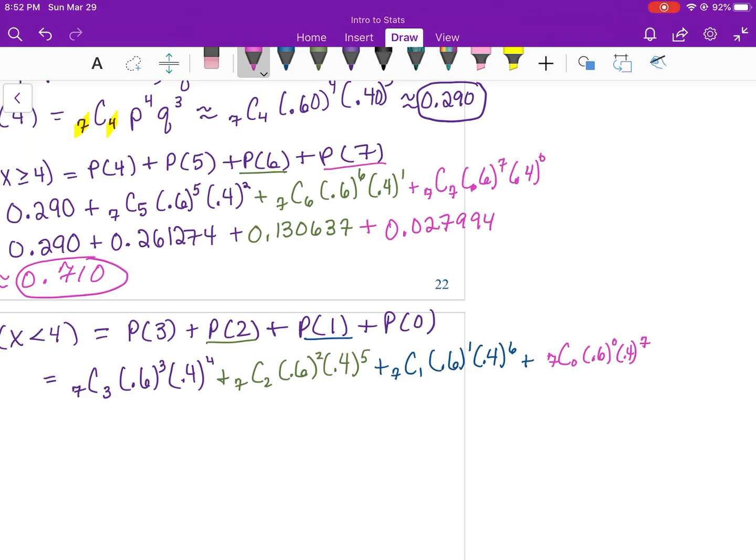Let's see if I can do that quickly here. Okay, this first one. And then the next one, 7c2, 0.6 to the second, and that one becomes a 5.